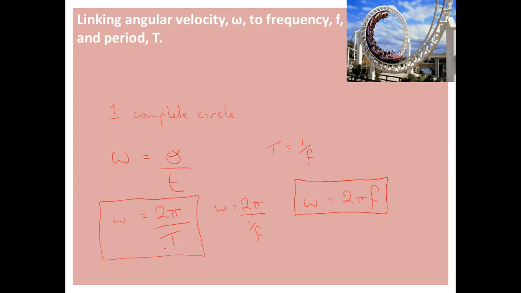This first one could rearrange for the period being 2 pi over omega. And we could rearrange this one for frequency being omega over 2 pi. And once again, this embraces the fact that the period and the frequency are the inverse of each other, because the right-hand side of these two equations are the fractions flipped upside down when you compare them. Okay, so again, that shows that the period is equal to 1 over f.